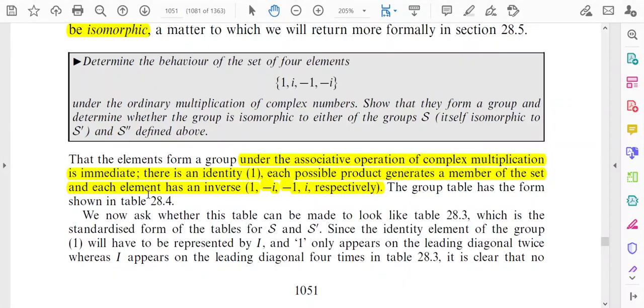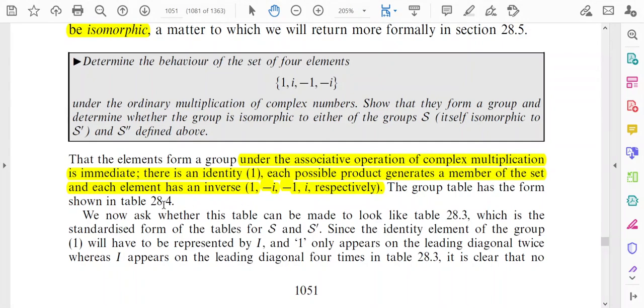So it can be clearly seen that under the associative operation of complex multiplication, that is, the associative law holds for this set, and there is an identity element, which is 1. If we multiply different elements of this set, each possible product generates a member of the set.